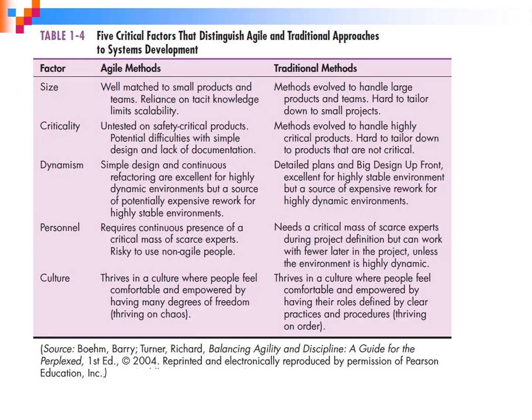Okay, so five critical factors that distinguish agile and traditional approaches to system development. The first column is the factor, the second column is the agile method, and the third column is the traditional method. So in terms of size, agile is a match to small products and teams.